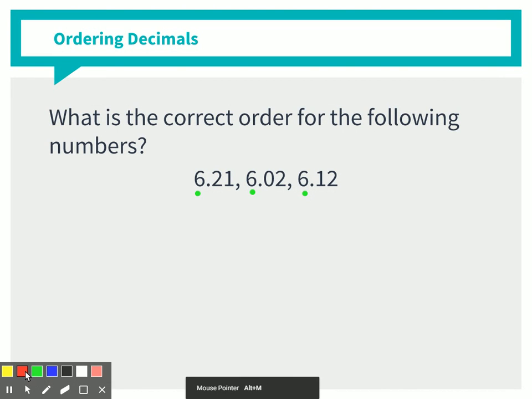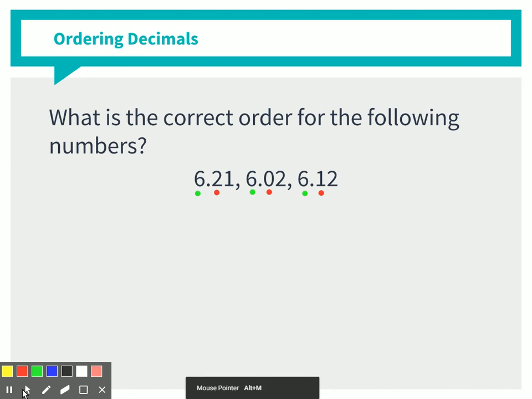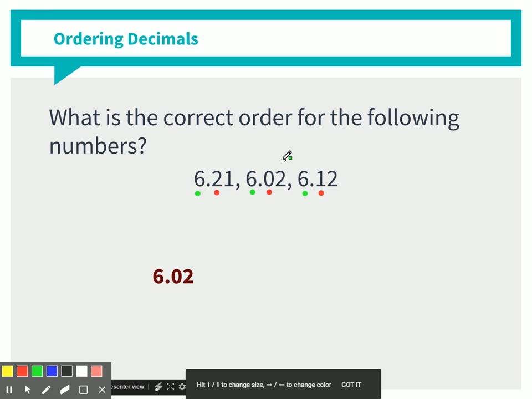And then after that, I'm going to look at the tenths place. Well, this one has a 2, this one has a 0, and this one has a 1. And really from there, I just need to find the smallest number, which is the one with the 0 first. And that's going to be our smallest number, 6.02, because 0 is smaller than 1 and 2. So now that that one is gone, I can just cross that one out.